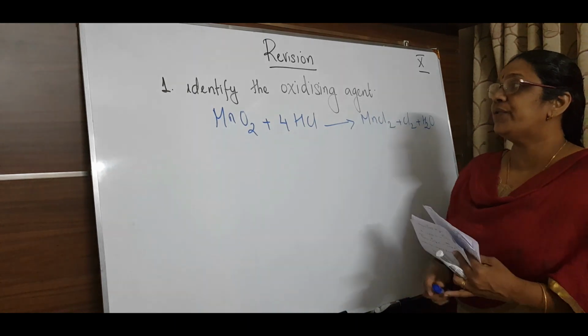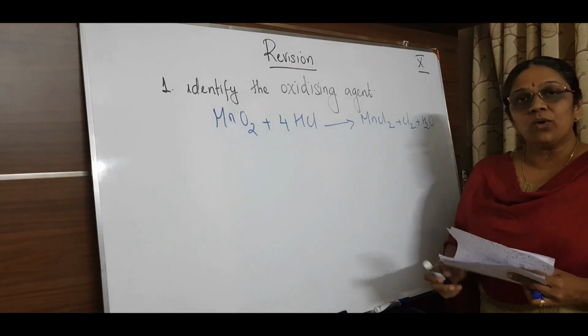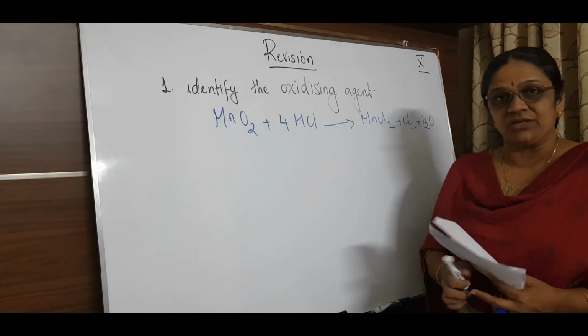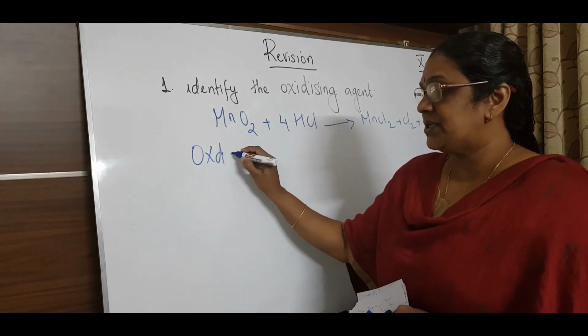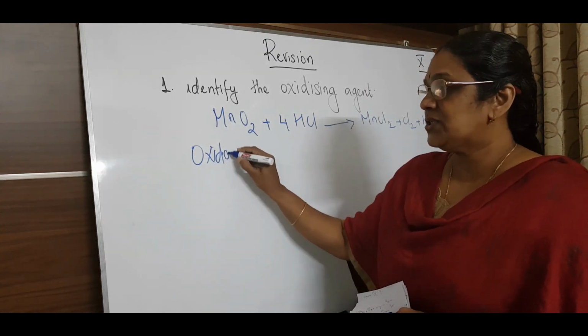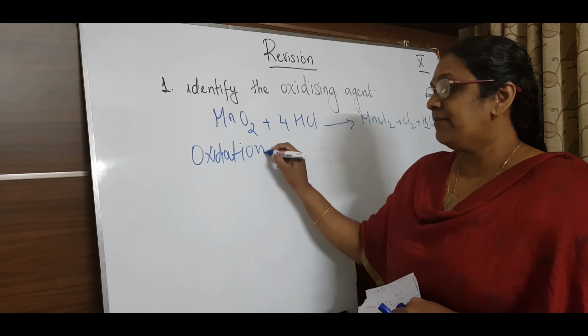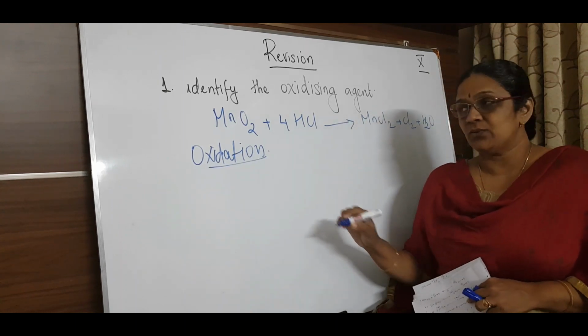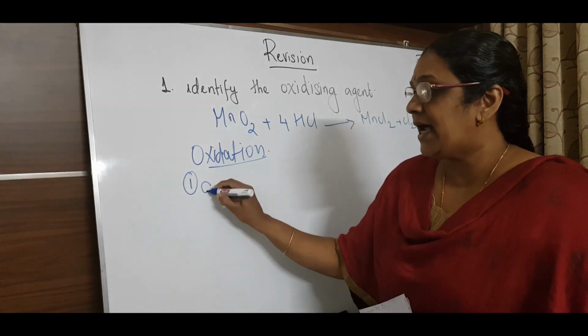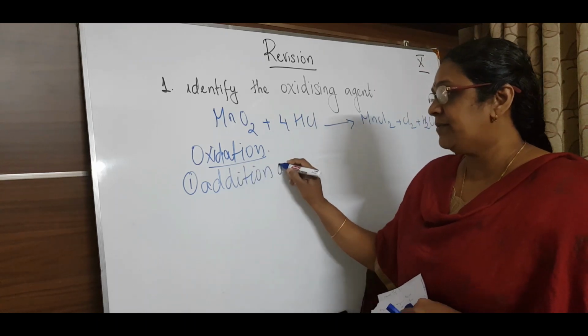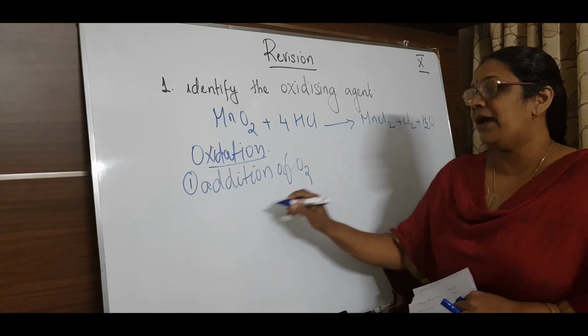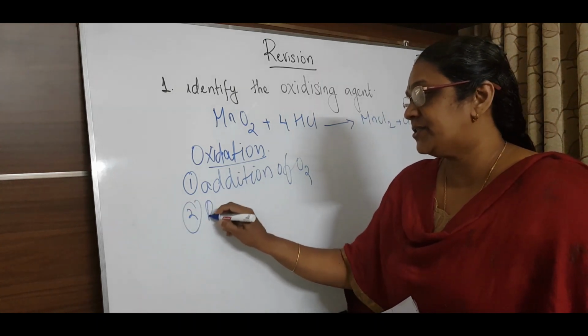So before going into that, we will see once again what is oxidation and reduction. Now what is oxidation? Just a recap. You can define it in two ways. One is addition of oxygen, or removal of hydrogen.